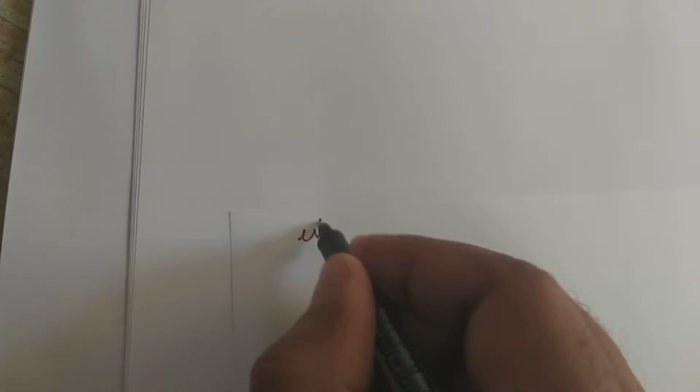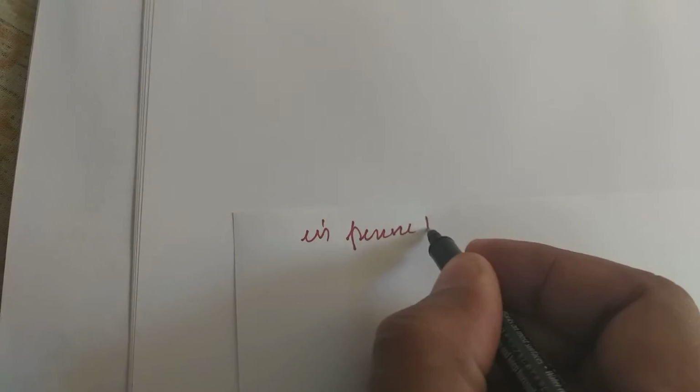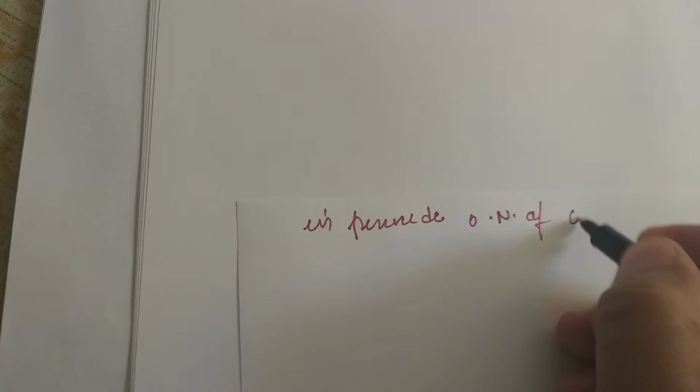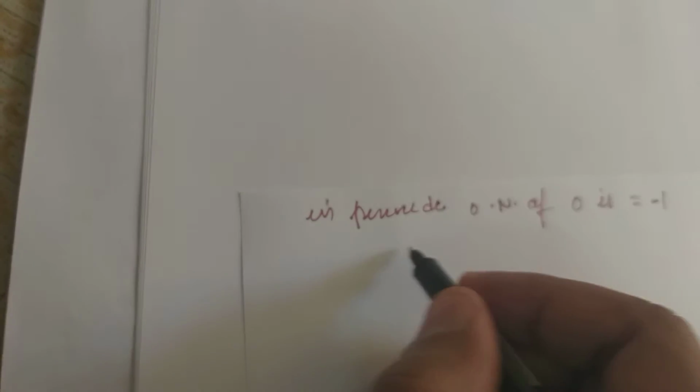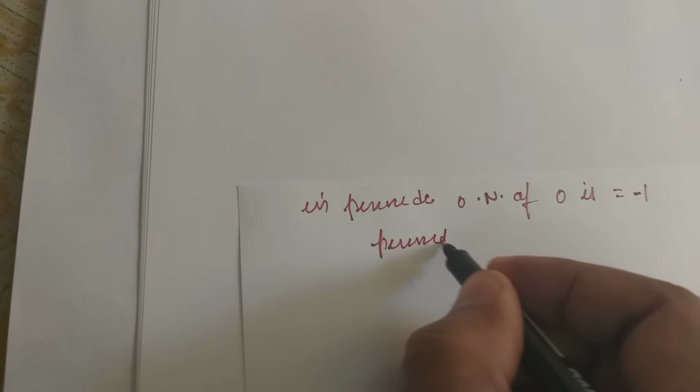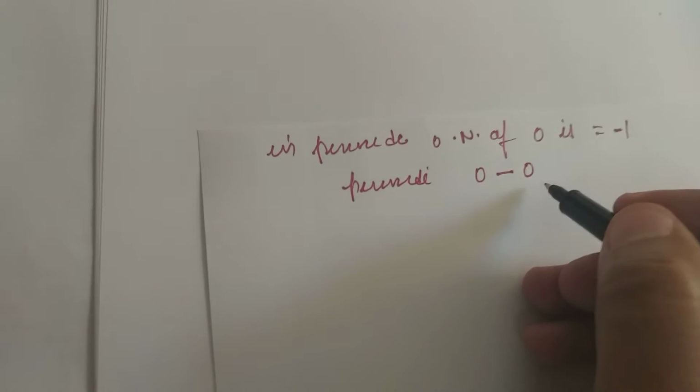But in peroxide the oxidation number of oxygen is -1. What is the meaning of peroxide? In the peroxide, oxygen is connected with another oxygen atom through a single bond, just like this. H2O2.